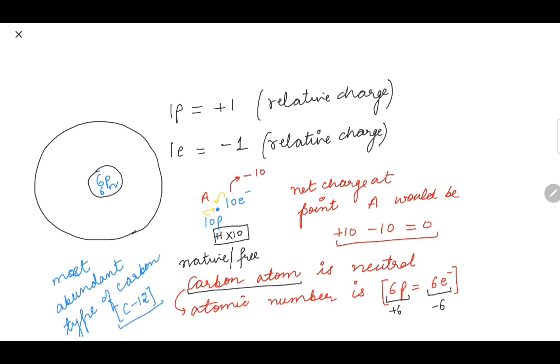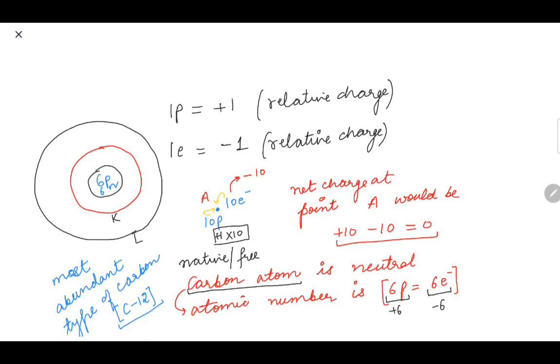I'll tell you one more thing on this. And the electrons are revolving around it in the K shell and the L shell.